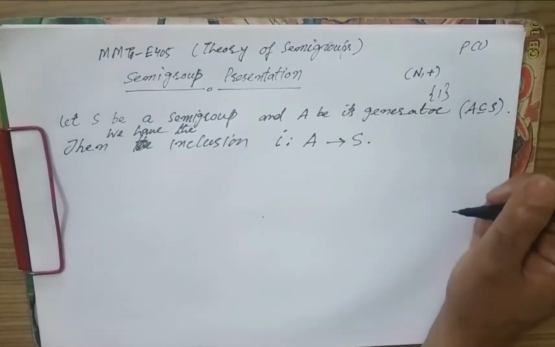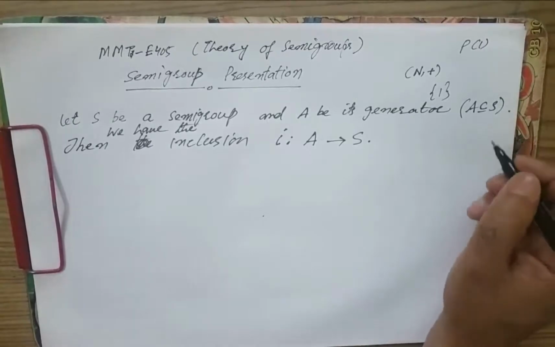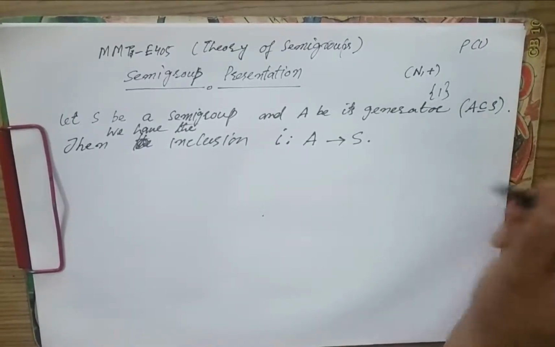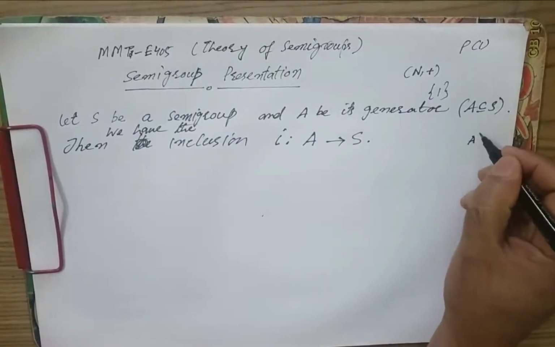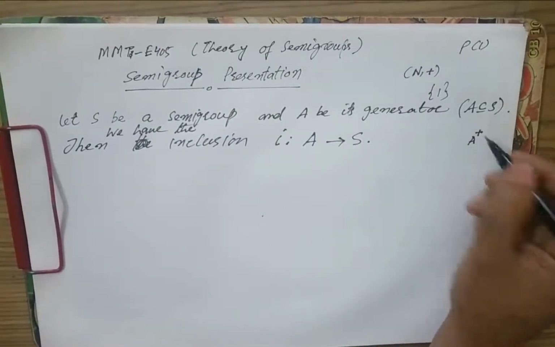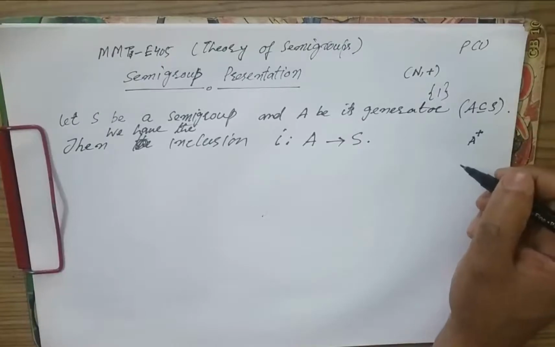The definition of free semigroup is that given a set of letters, we can construct a free semigroup A plus.